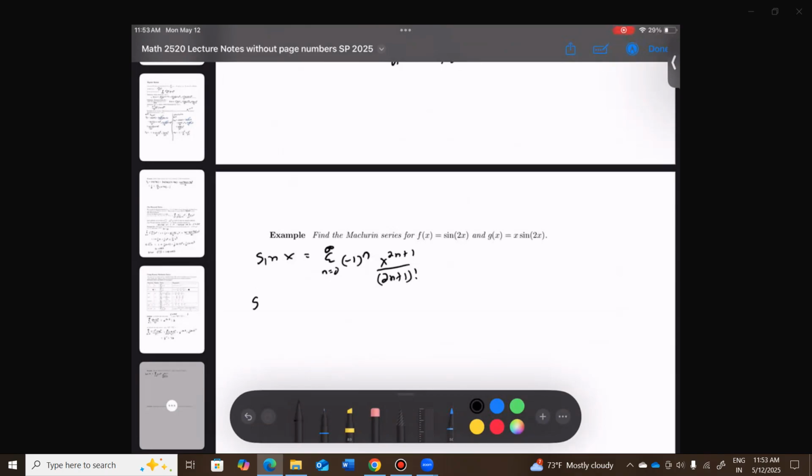So sine of 2x, summation n equals 0 to infinity, will be negative 1 to the n. That doesn't change. X is what's changing. 2x to the 2n plus 1 over 2n plus 1 factorial. And then we can write this as summation n equals 0 to infinity, negative 1 to the n, 2 to the 2n plus 1, x to the 2n plus 1 over 2n plus 1 factorial.